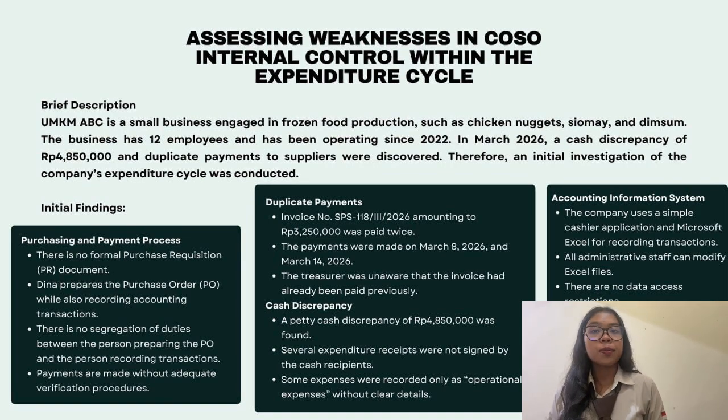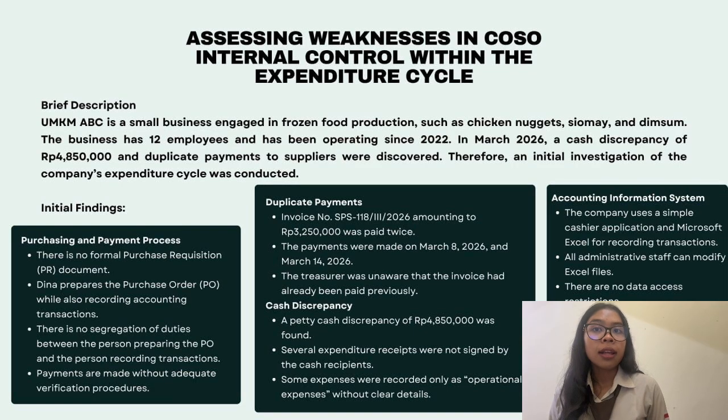And the next explanation is about the analysis of internal control weaknesses in UMKM ABC's expenditure cycle. Based on the case analysis of the accounting information system within the company's expenditure cycle, several internal control weaknesses were identified and evaluated using the COSO framework.